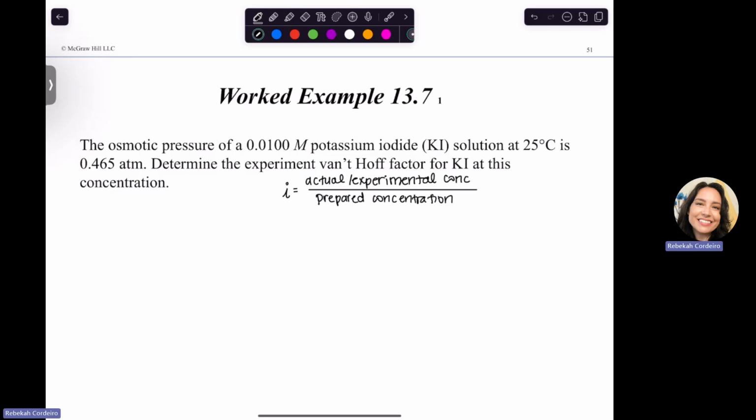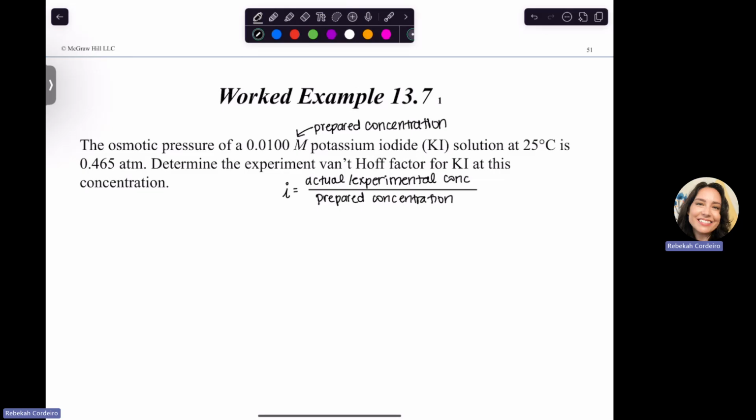Our prepared concentration here would be this. We made a concentration of 0.01 molar potassium iodide. So what is the new concentration?